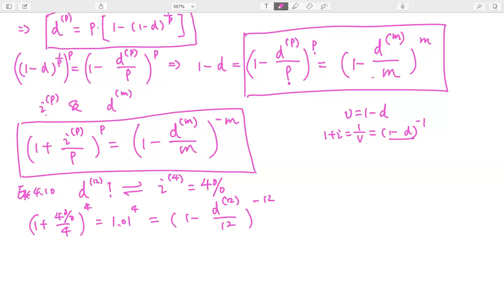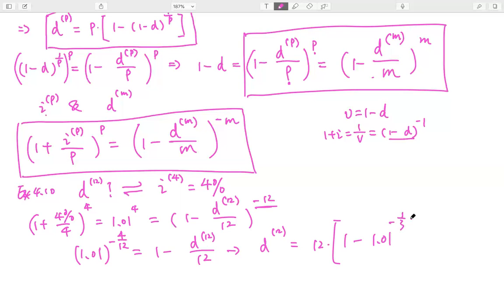So take the reciprocal of it. So it's negative 4 over 12. Then I remove the power, okay? And then obviously this will be 12 times (1 minus 1.01 to the negative 1 over 3), right?